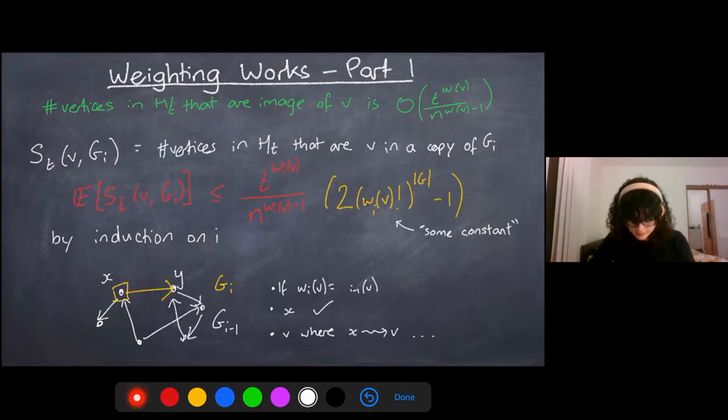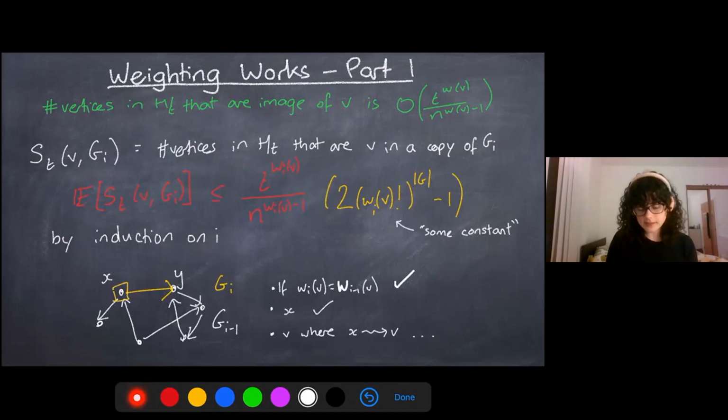So if we have some vertex and its weight hasn't changed, then obviously the inductive step is easy. Its weight hasn't changed, and the number of copies of it has at most decreased. So the number of copies of it that sit within a Gi is harder than sitting within a Gi minus 1. So if its weight hasn't changed, then we basically get the induction step for free.